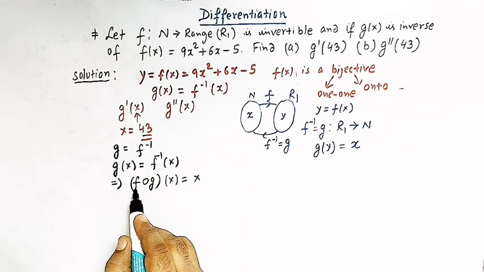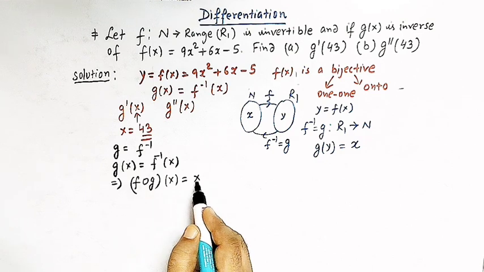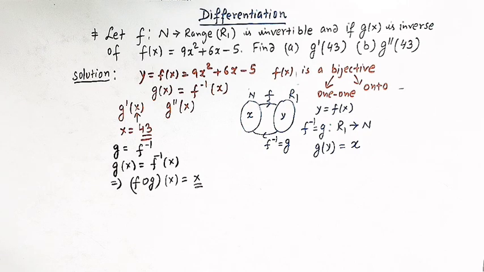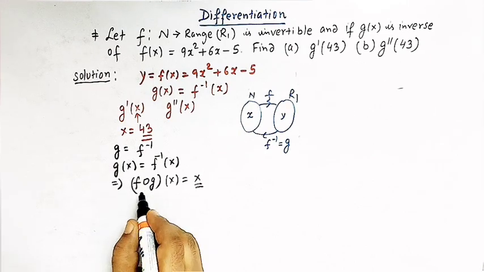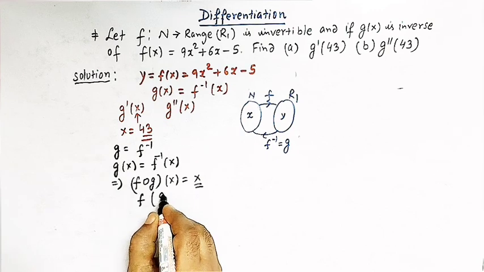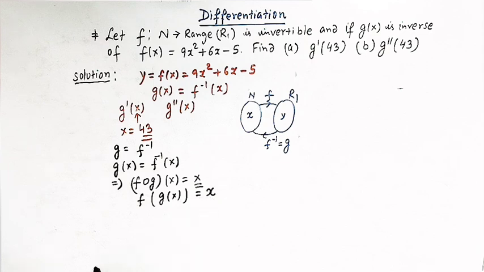So the composition of the function and its inverse is equal to x, that is the identity function. So now the composition of f and g can be written as f of g of x, and here we have the identity function x.